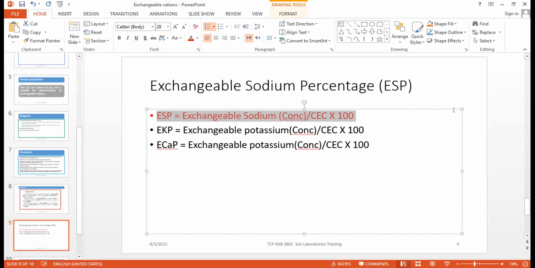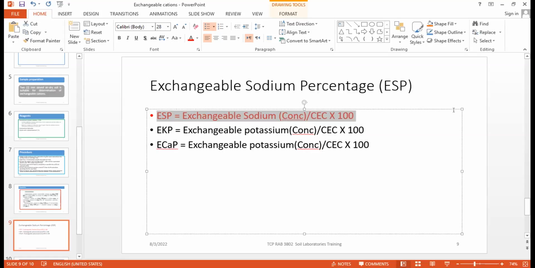And as you know from our previous lectures on measurement of sodium, sodium has a great influence on soil. It leads to dispersion of soil, and this will lead to deterioration of soil structure, and then the soil will be very compact.